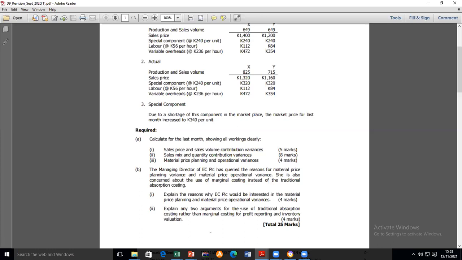Of fixed cost, because these are costs that we spend in the ordinary course of business, so we must capture those. So every unit that we produce really should carry part of the cost, as opposed to the treatment that we do in marginal costing.